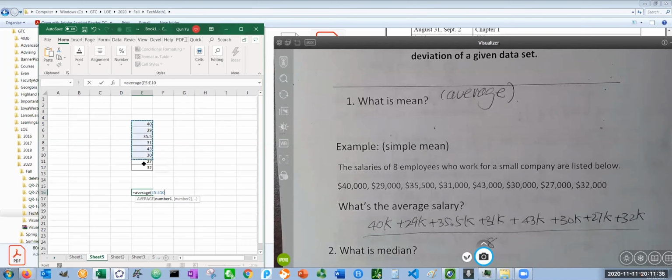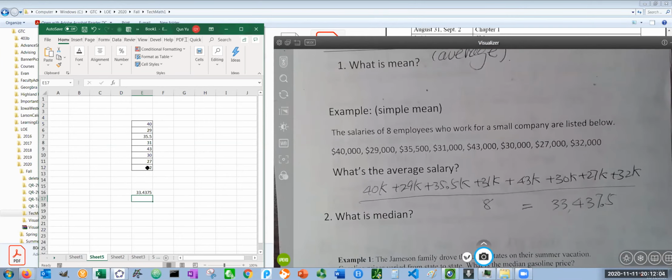So I select all those numbers, close the parenthesis, press enter: 33.4375. This is in K, so 33K 437.5, which is 33,437.5. So that's the average.